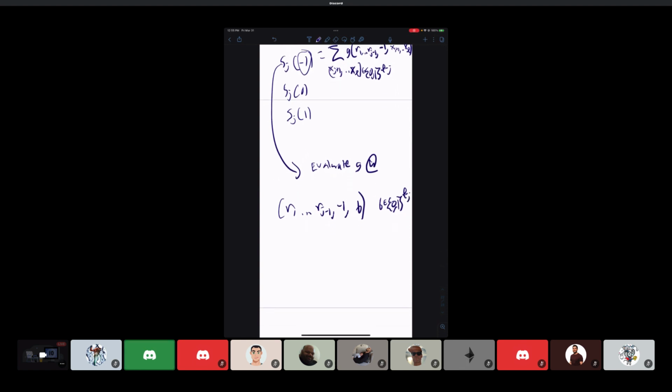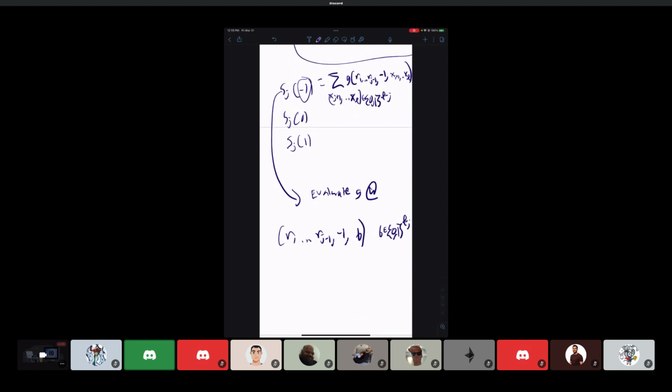And this is why it's useful: imagine the prover just has a function that you feed a point to evaluate G at, and it spits out the evaluation. So the prover calls evaluate G at each of these points, and that will give you the first field element of the prover's message.